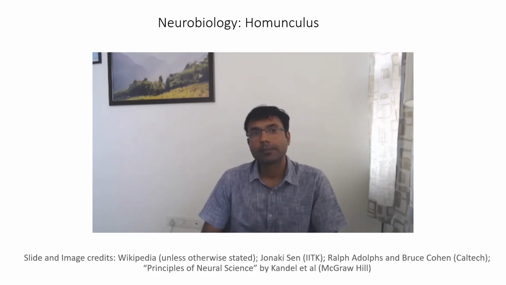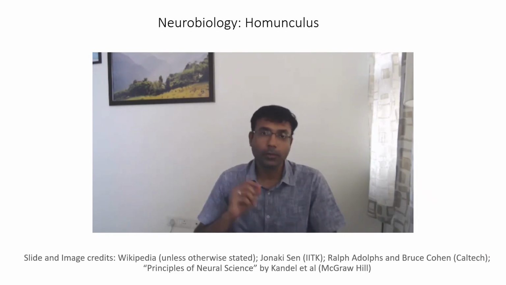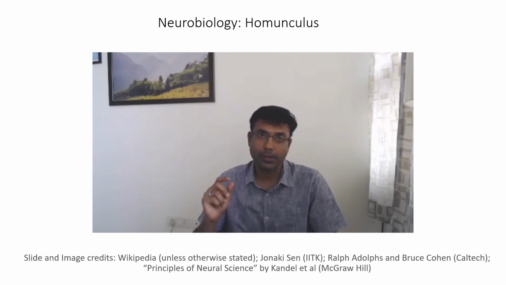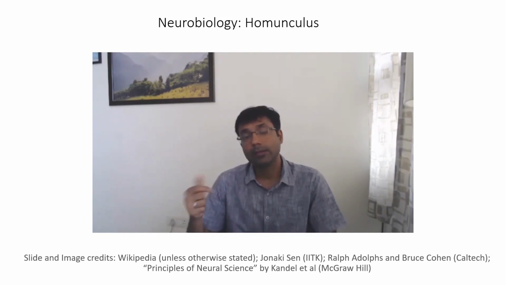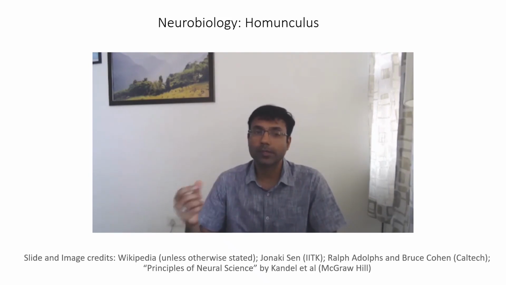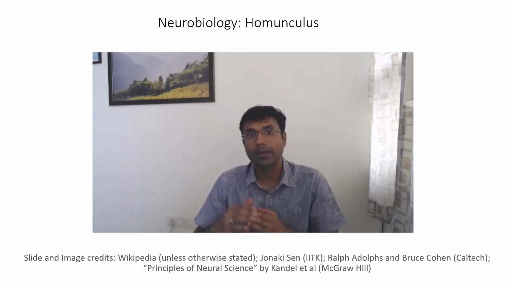Hi everyone. In the last video we looked at different parts of the cortex and the brain and what each part is doing. You may recall two particular parts, the motor cortex and the somatosensory cortex. These were two strips in the cortex, and in this video we are going to zoom into these two strips and see what different subregions of these strips are doing and how they are related to different parts of the body.